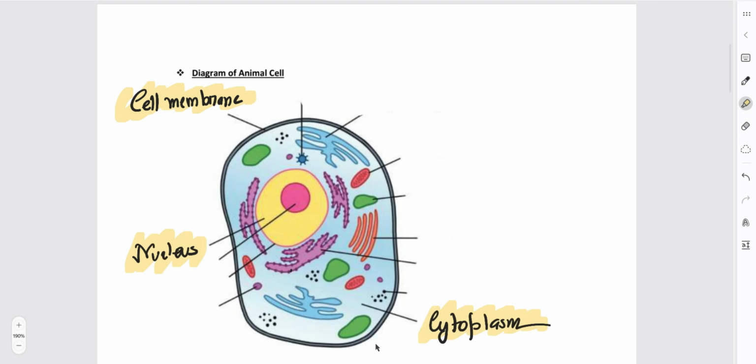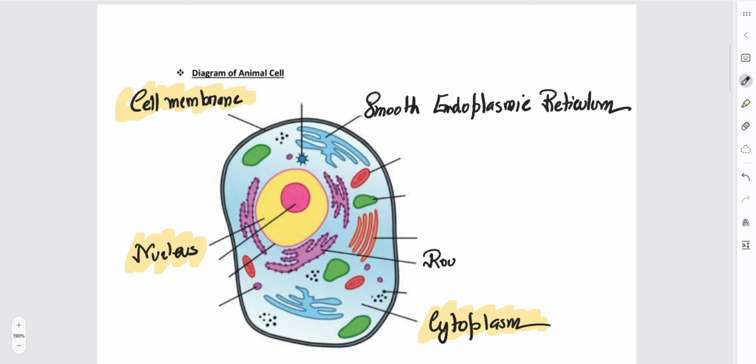So right next to the nucleus, we can see two saccular structures, one highlighted in blue and one highlighted in purple. The blue one is called smooth endoplasmic reticulum. And the purple one, we call it the rough endoplasmic reticulum.